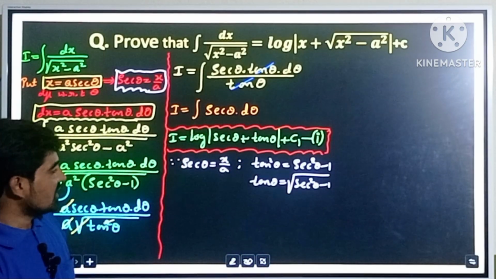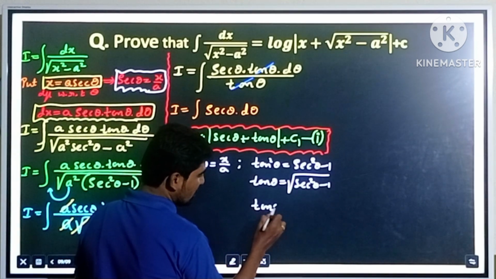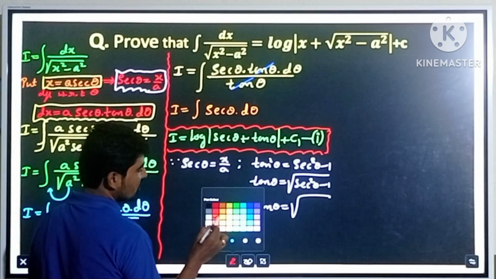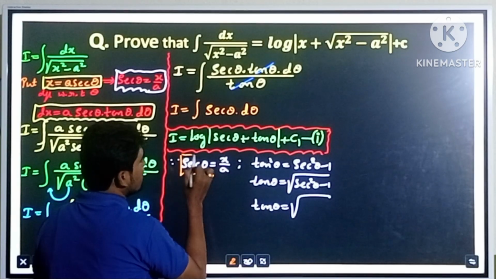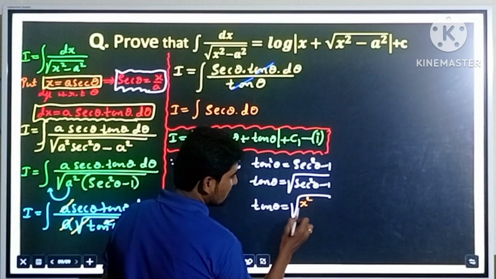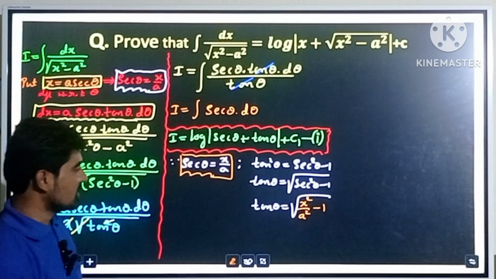I hope all of you are understanding. Now, tan theta is equal to square root of, we already know secant theta is x divided by a. Therefore, secant square theta is x square divided by a square, minus 1. I hope all of you are understanding.